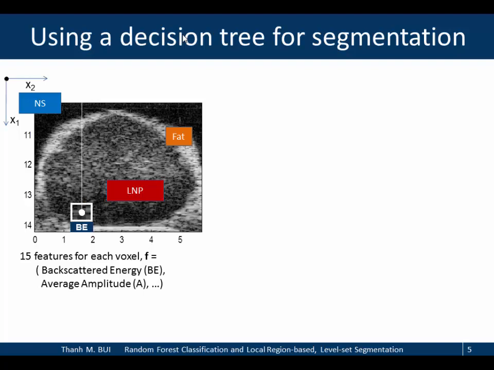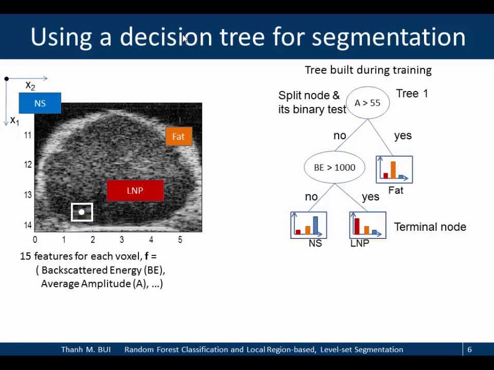And we also take into account the intensity surrounding the voxel of interest by computing the average amplitude. Because we use decision trees in a supervised setting, we use labeled voxels composed of a feature vector including 15 elements, and the class label provided, to build decision trees.